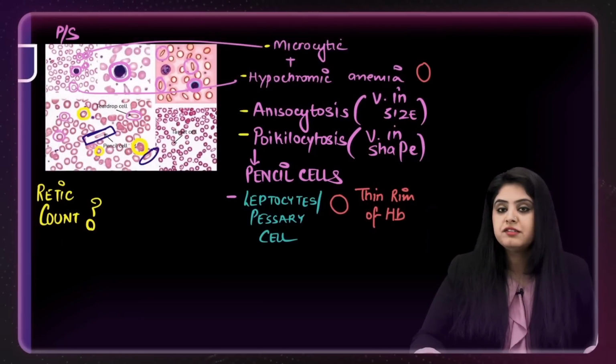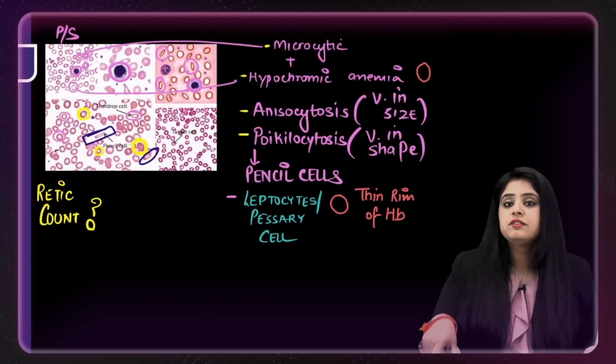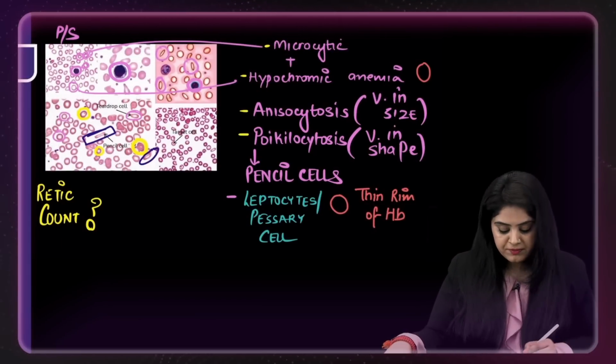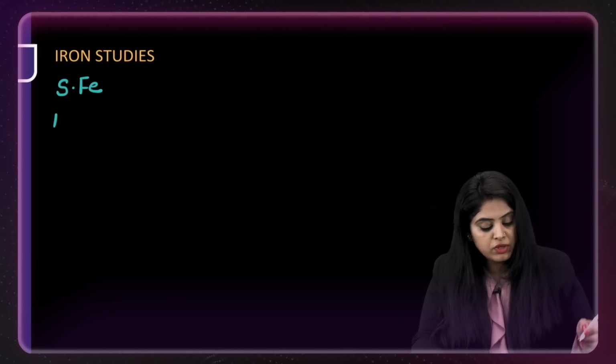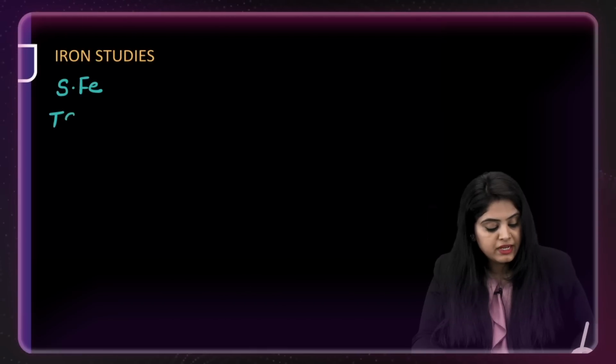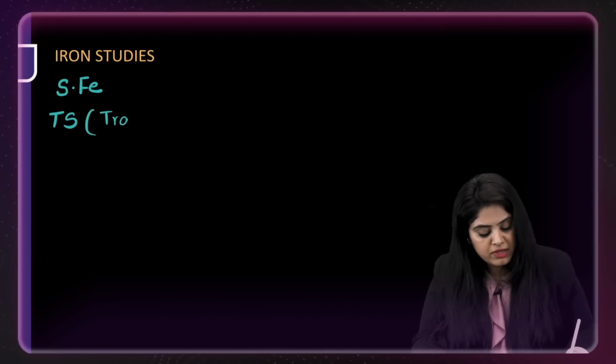For giving the diagnosis of iron deficiency, I cannot do that without analyzing iron studies. So what are the different iron studies that you have to know about? Listen to me. First, you measure serum iron, measuring the levels. Next, what does iron bind to? Iron binds to transferrin. So next, what you measure is transferrin saturation.